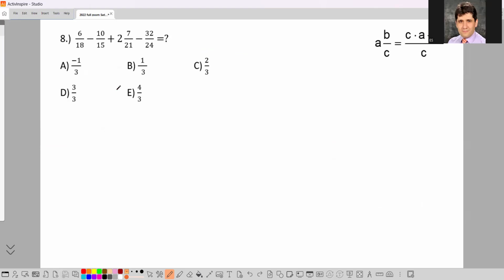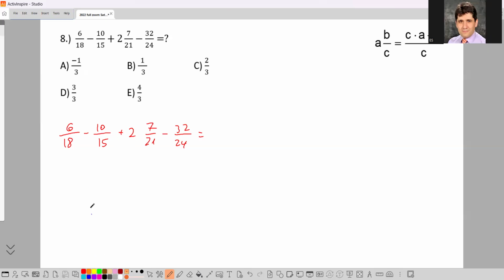We have a fraction here: 6 over 18 minus 10 over 15 plus 2 wholes and 7 over 21 minus 32 over 24. Now, solving this numerical problem, it's easy, but depending on the way you choose, it may take a lot of time to solve it.